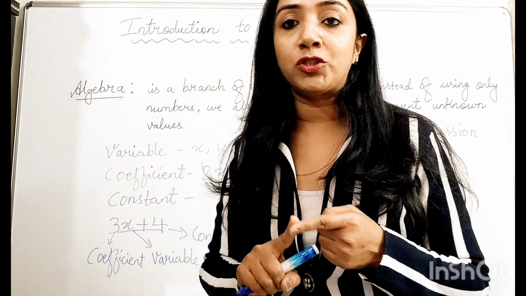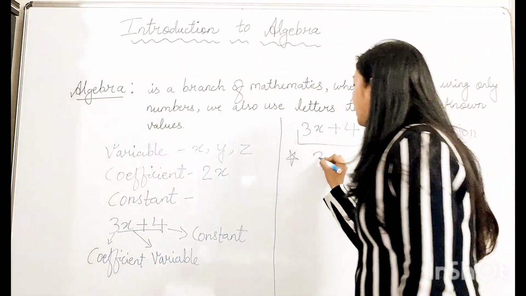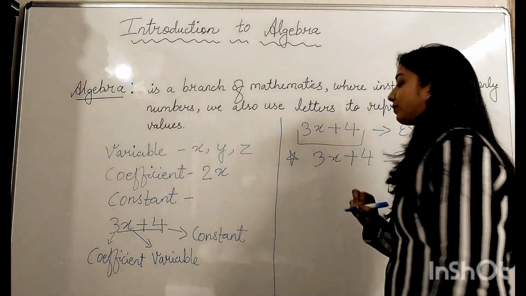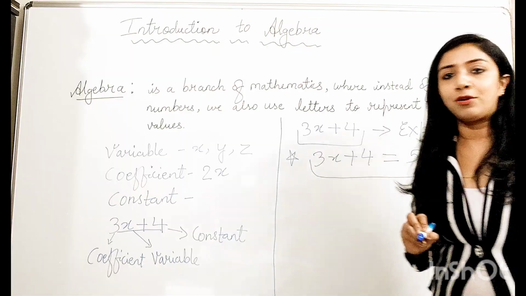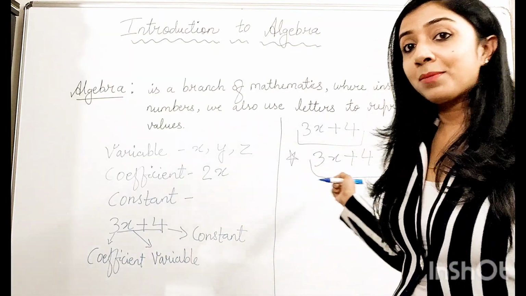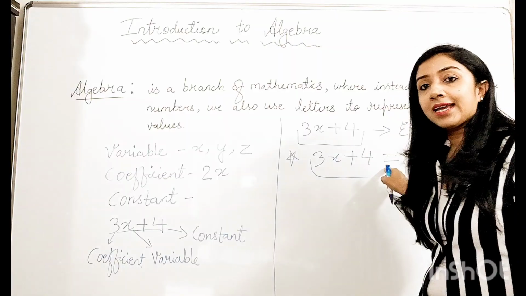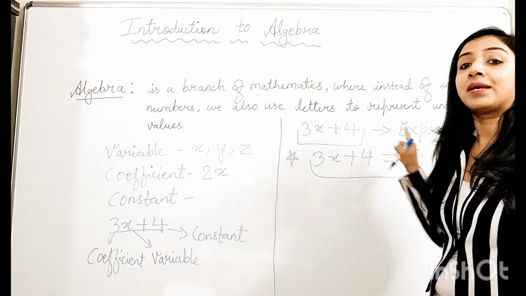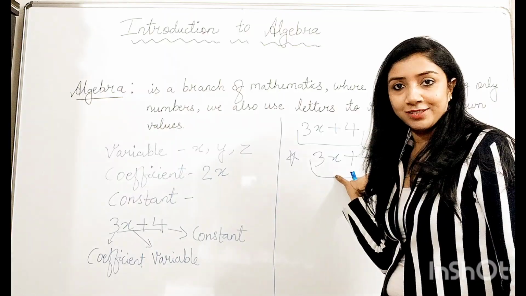It's very important, children, note somewhere. If you put an equals to sign, suppose I write 3x plus 4 is equals to 5, can we call it an expression? No. Now it has become an equation. When we put an equals to sign and write any value, it becomes an equation. It is no more an expression.